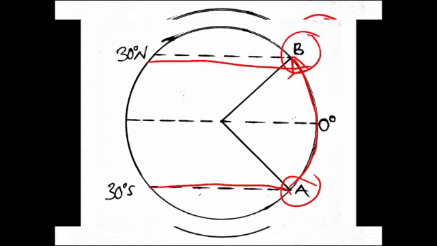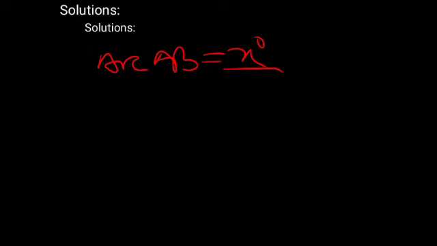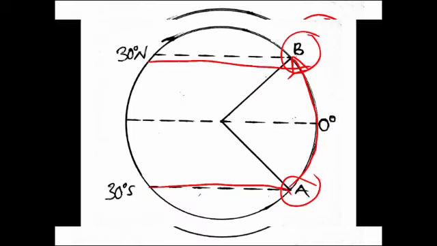So the formula I'll use is arc AB is equal to x degree, which is the angle subtended by the arc on the center of the circle, divided by 360 times 2 times pi times radius of the earth. So let's look at how to calculate this angular difference, the x degree.